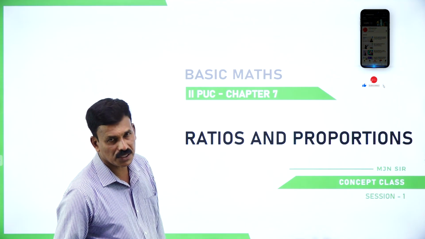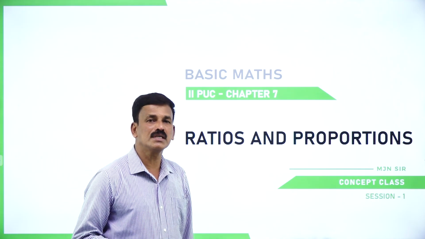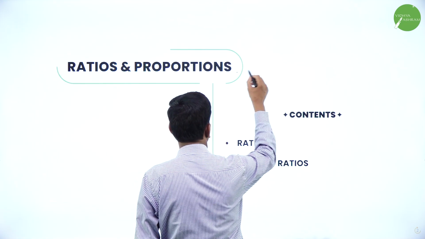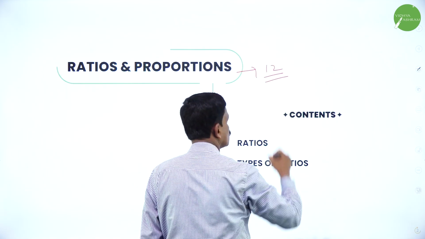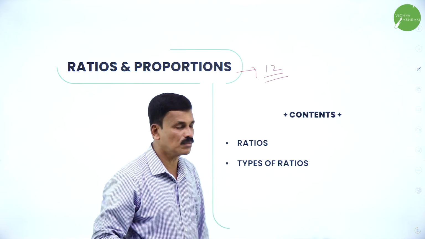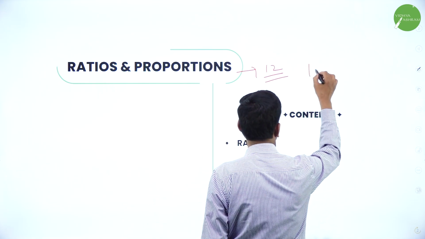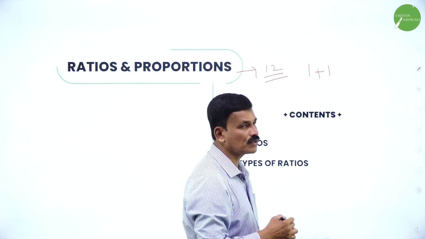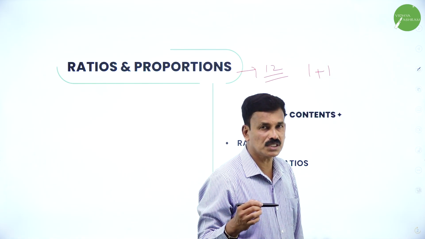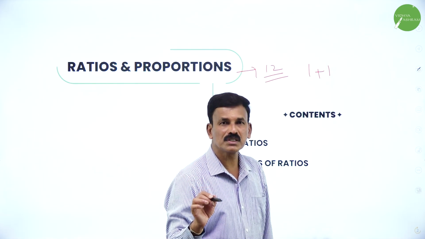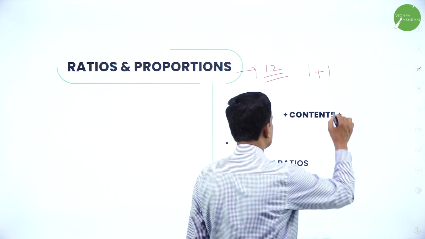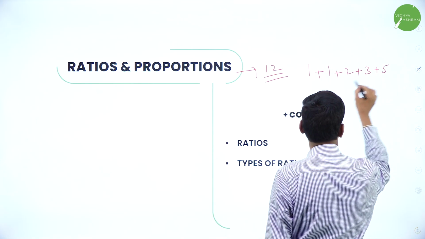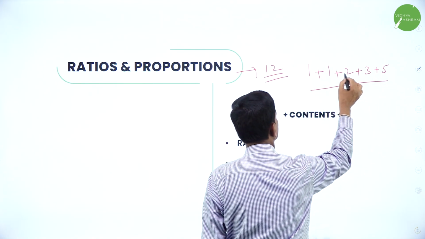Now before going to the exact chapter, let us know regarding the weightage for this chapter. In this chapter, you are going to expect 12 marks. You will get one MCQ plus one 1-mark question, then remaining one 2 marks question, one 3 marks question, one 5 marks question, totally 8, 9, 10, 11, 12.